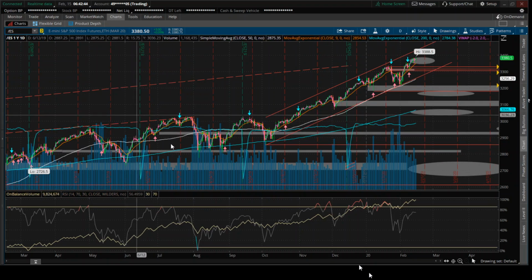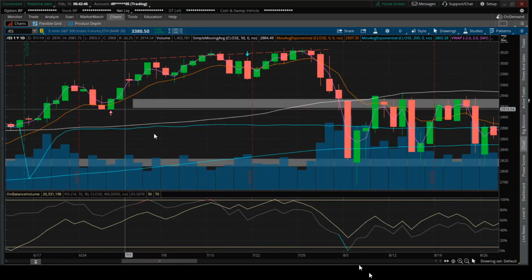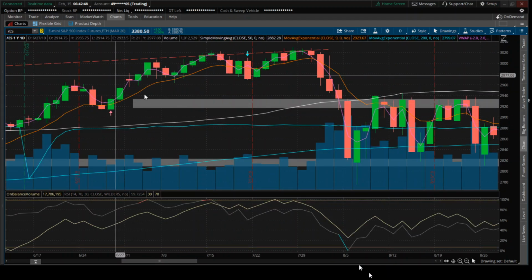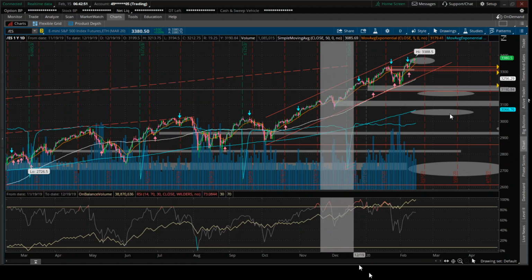I usually go out to a fairly large time frame and take a look to see what the price action was on those different days.